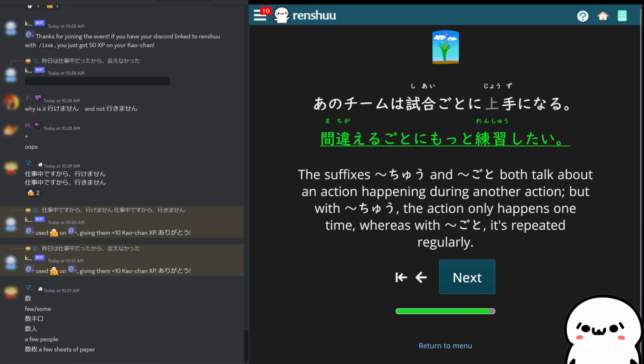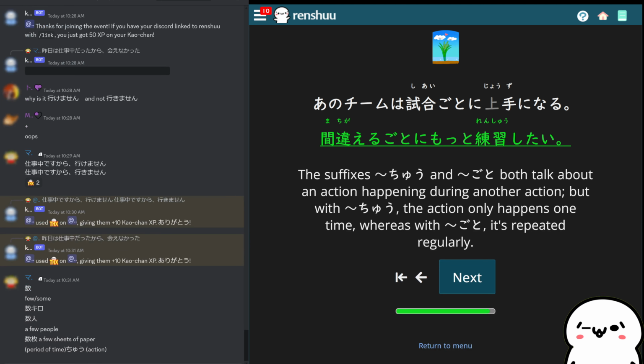So to wrap everything up today, we talked about these two different things. And specifically with the comparison between chu and goto. Chu, I'm going to type this out. If we're talking about chu, they're both a period of time.